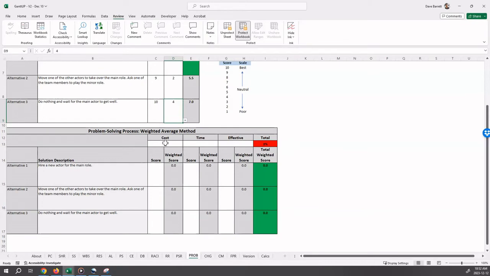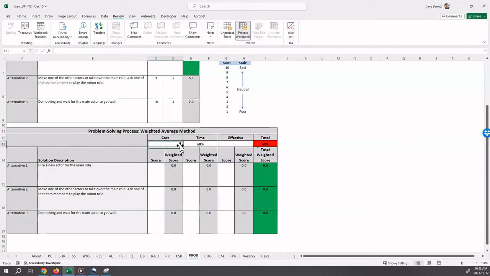However, we first have to provide the percentages in each of our categories of cost, time, and effectiveness. Okay, given the high focus on schedule of this project, we're deciding to give timeliness 60%. However, we need to get this to green. This needs to add up to 100%.